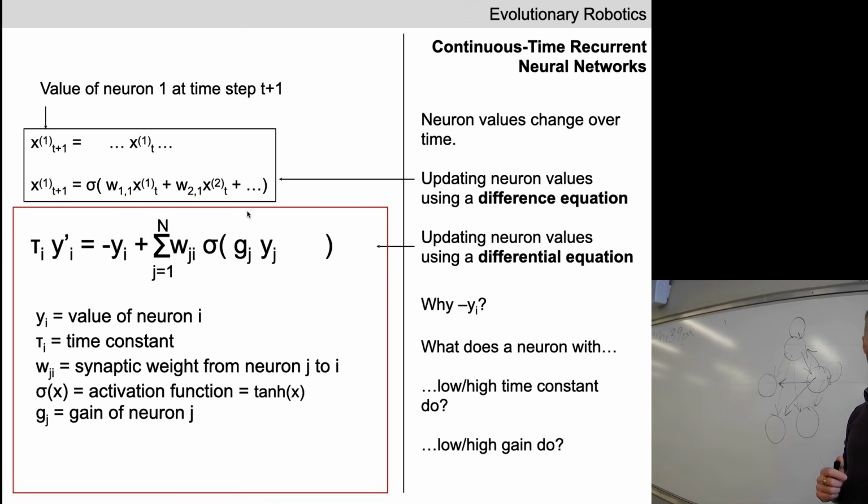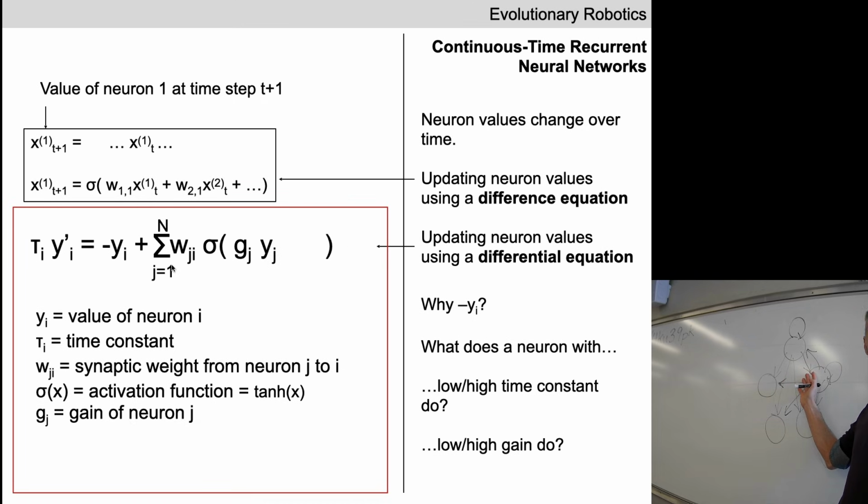There is another constant that's introduced in CTRNNs, which is the gain of a neuron. So we have a single subscript here, which is reminding us that there's a different constant associated with each neuron in a CTRNN. If we have 5 neurons, there are 5 Gs. If there are 5 neurons, there are 5 taus for the constants.